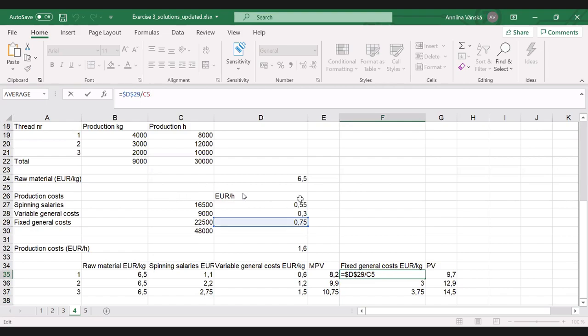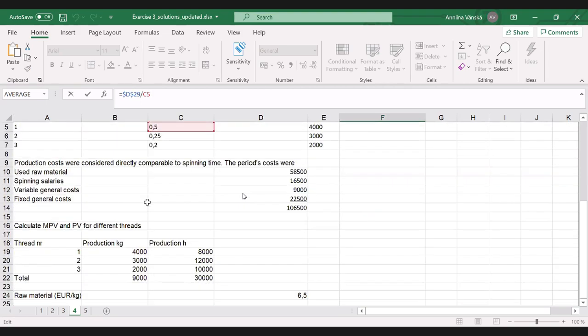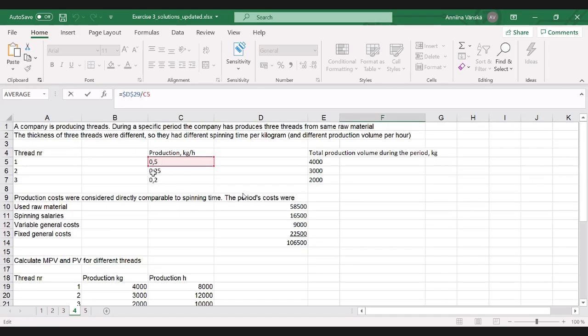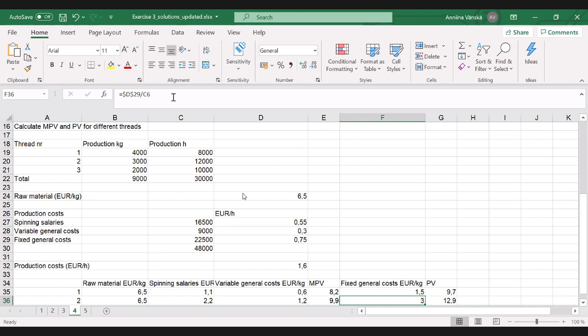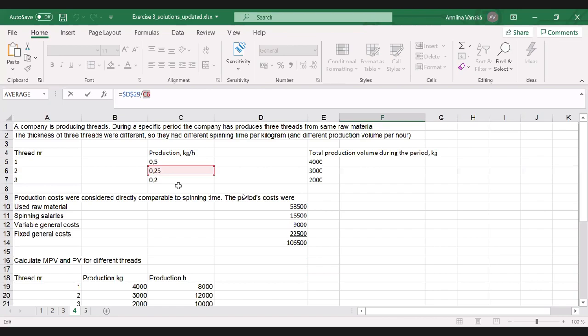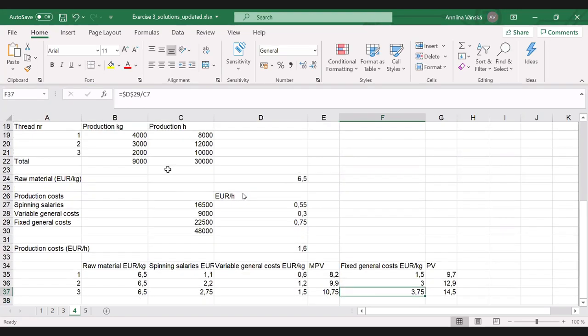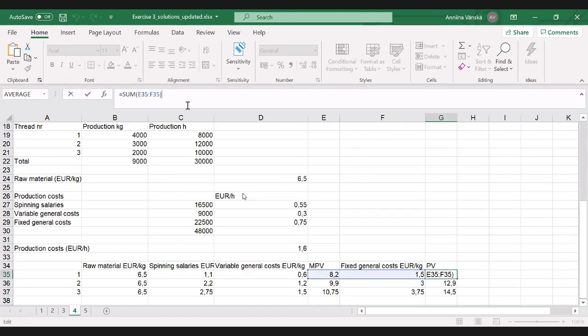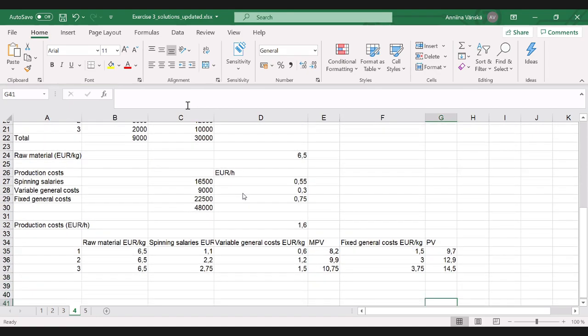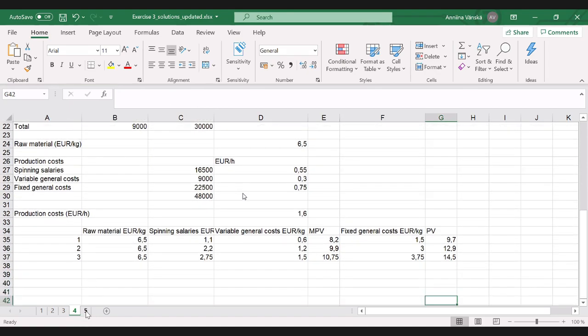I'm naming these price tag, and we have the euro per hour divided by each of the threads. And same thing for the other thread, and for the third one as well. And then calculating the production value: the minimum production value plus the amount from the fixed cost, and then we get the production value. That's it for the number 4.